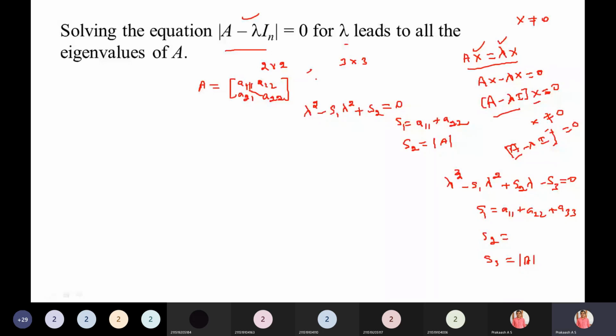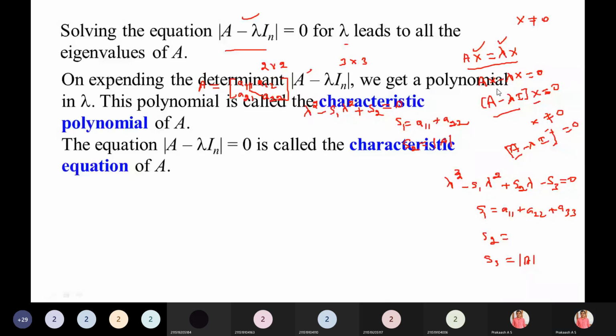On expanding the determinant, we get a polynomial in lambda.